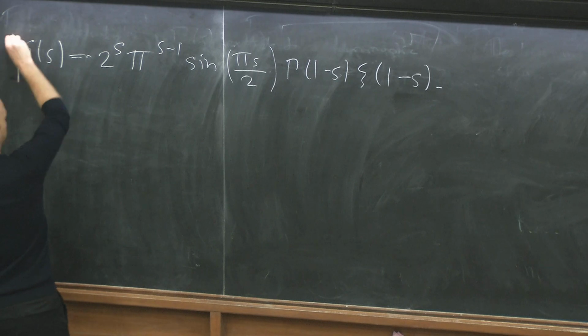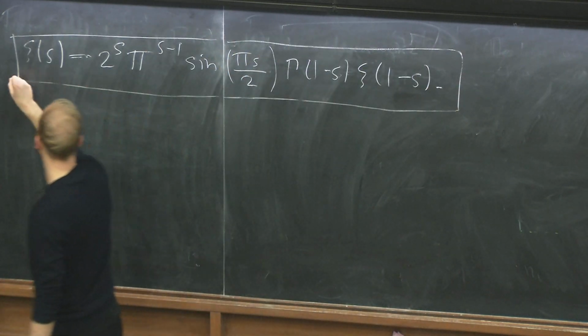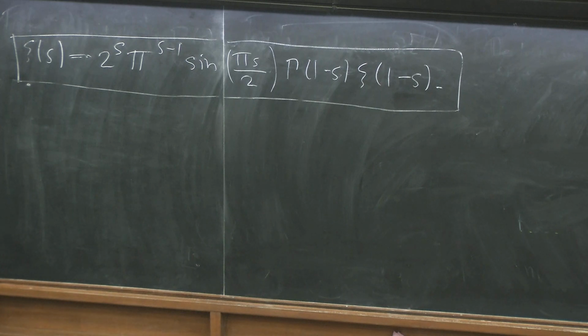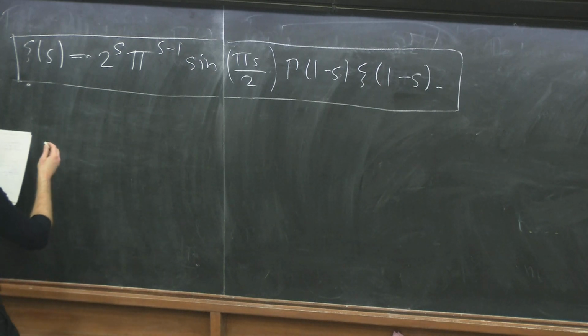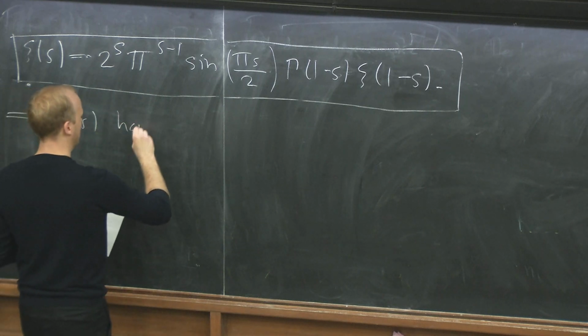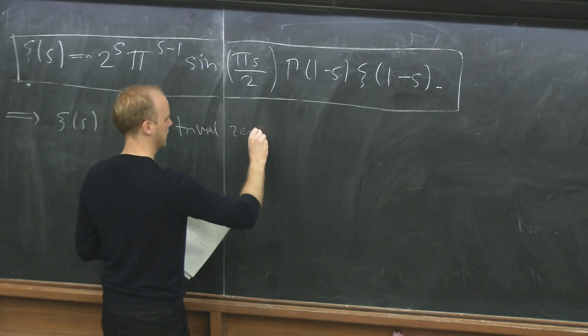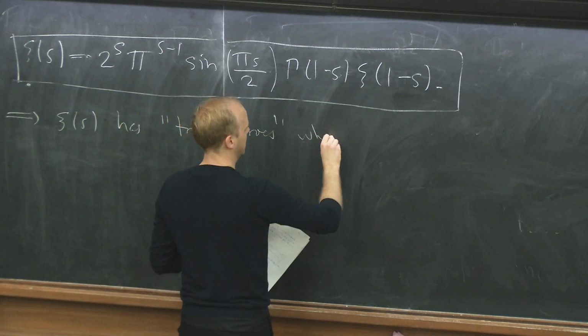So you have this. And this is where it becomes really interesting. This implies that zeta of s has the so-called trivial zeros.